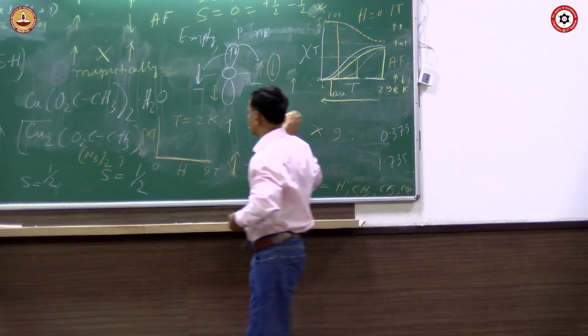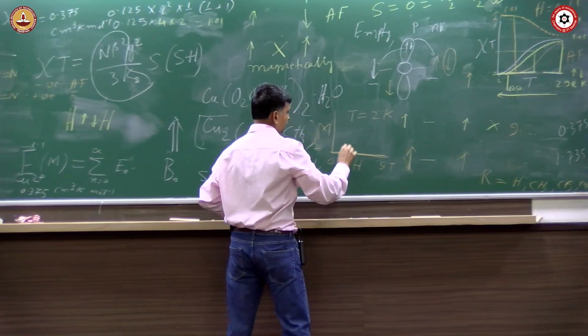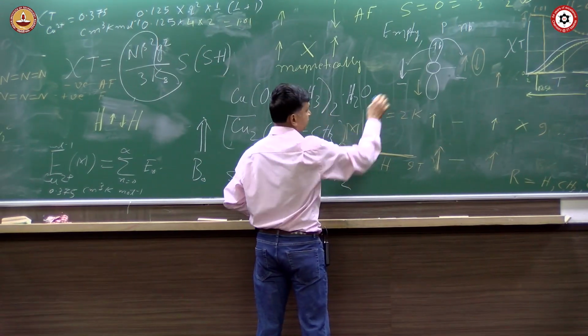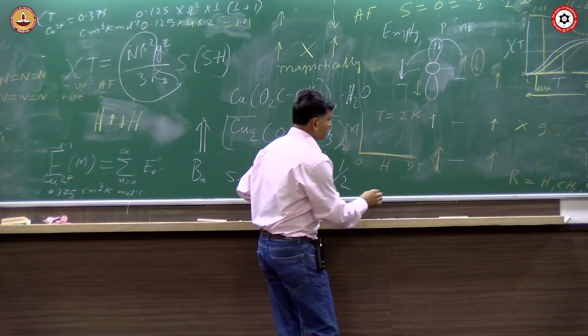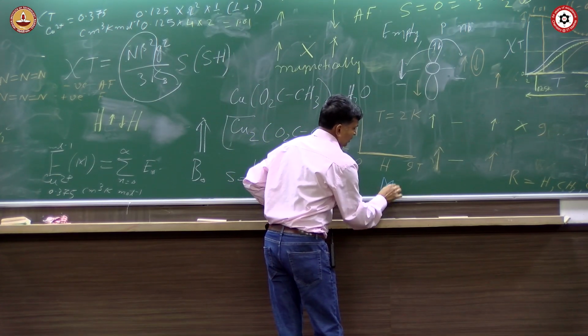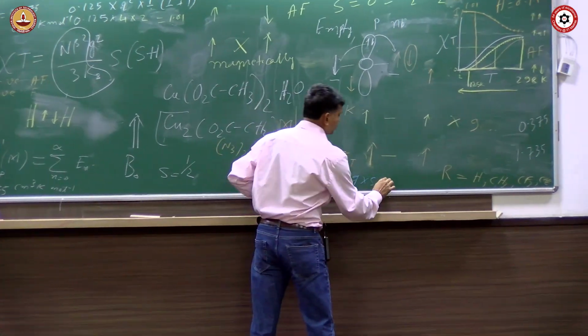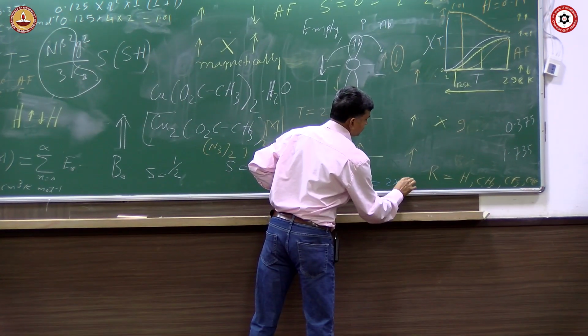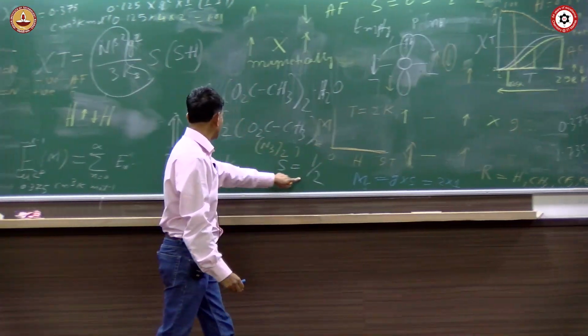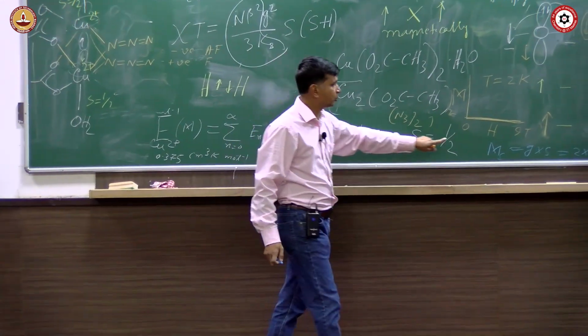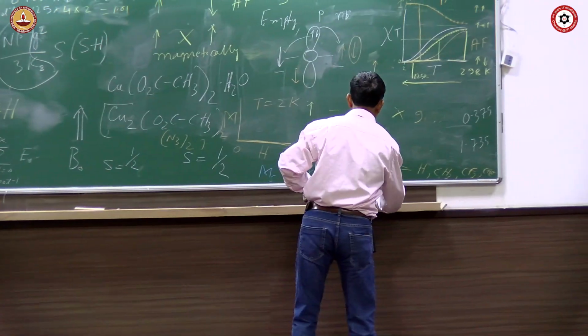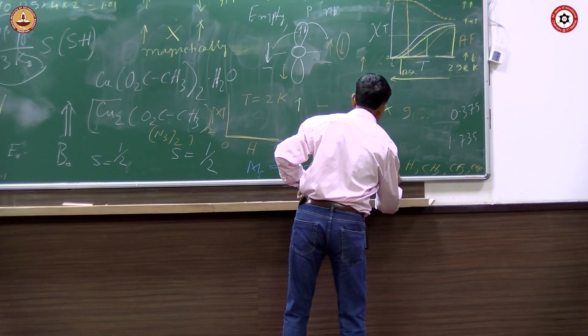If I now measure the magnetic property, it will come to 2 spins. So 2 spins equal to the magnetization called MS value, g into S. So g is equal to 2 and S equal to 1, half plus half equal to 1. If you put it in, it will come near 2 mu beta.